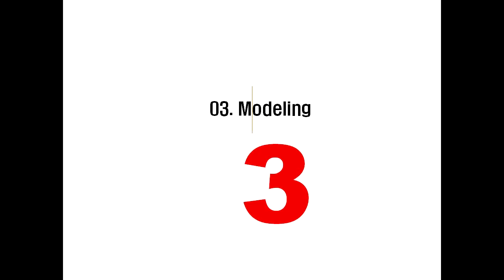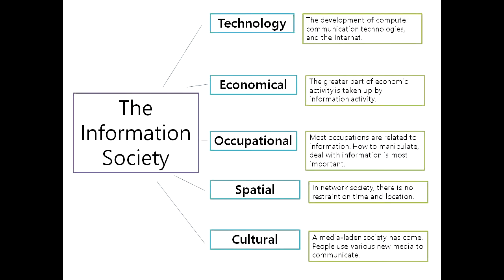The third part is modeling. So there are 5 criteria that identify the information society. First, technology, the development of computer communication technologies and the internet. And second, economy. The greater part of economic activity is taken up by information activity. And third, occupation. Most occupations are related to information.